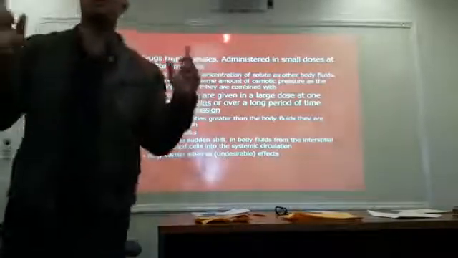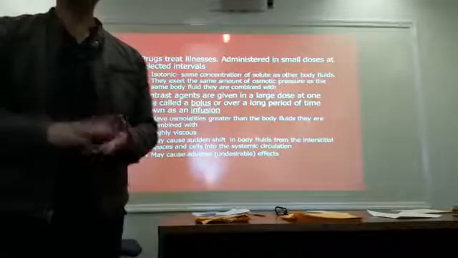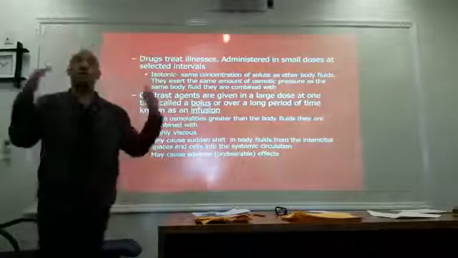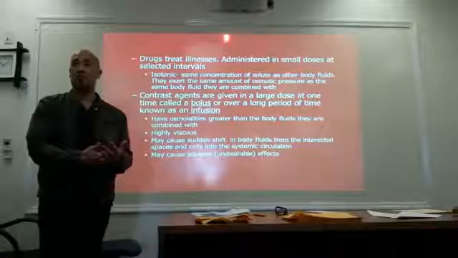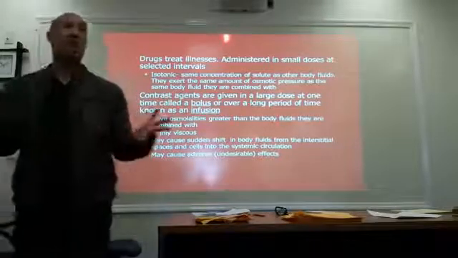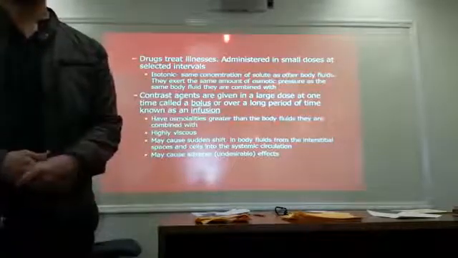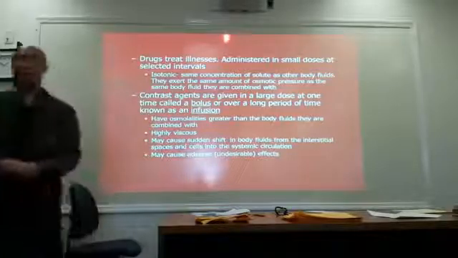We're talking about the same volume, but at a slower rate. Know the difference between bolus and infusion. Bolus is a large amount in a short period of time. Infusion is the same amount given over a longer duration.